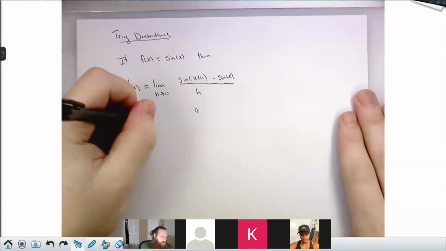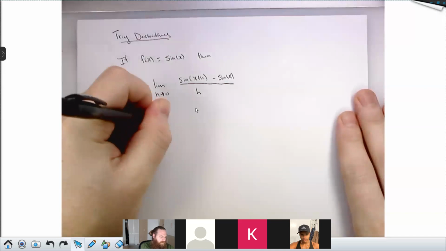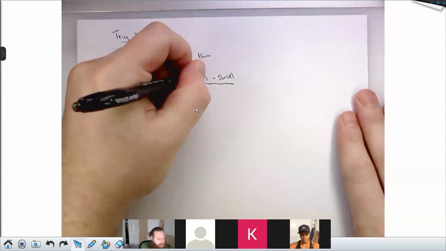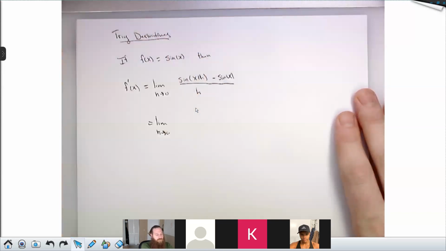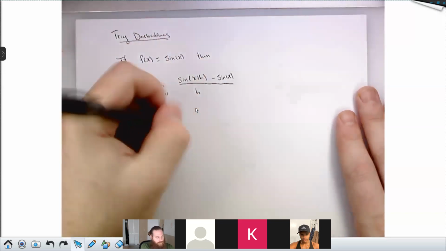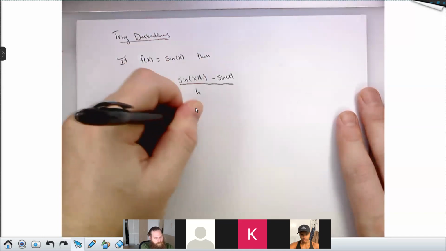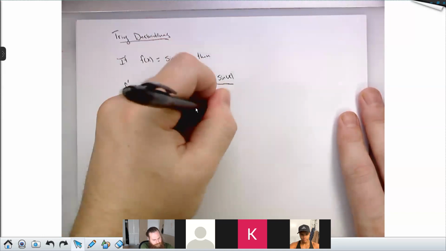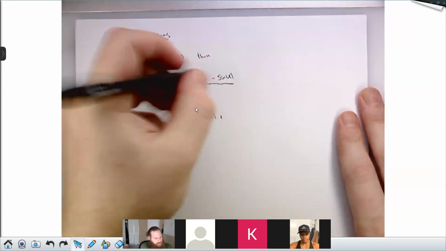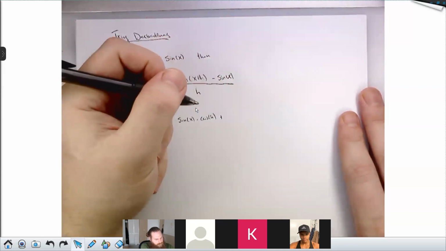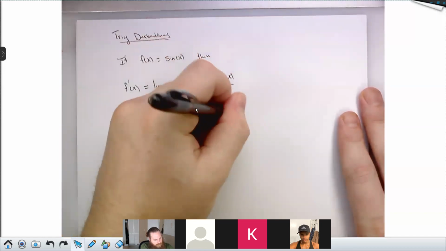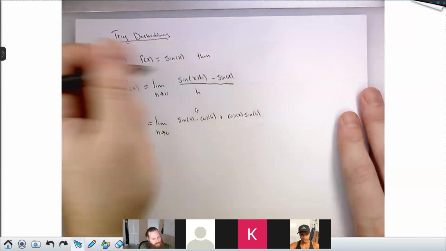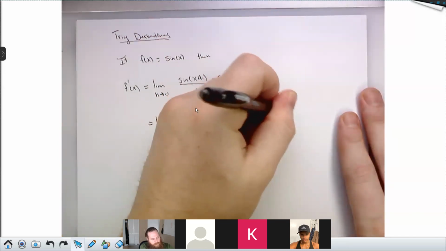But the sine function makes this hard to work with because the algebra of the sine function is not simple, right? Sine of x plus h is not the sine of x plus the sine of h. It's much, much worse. It's the sine of x times the cos of h plus the cos of x times the sine of h. And then over here, we still have minus sine x.